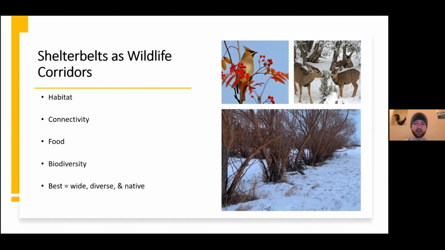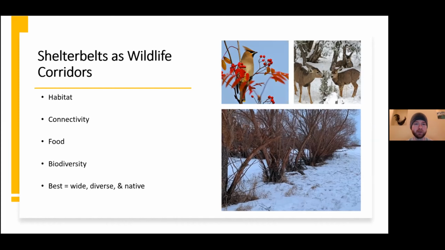So the best design is as wide, diverse, and native as you can, and height is an important consideration. You need sufficient width and length because ultimately it provides more protection and will encourage wildlife to use them.